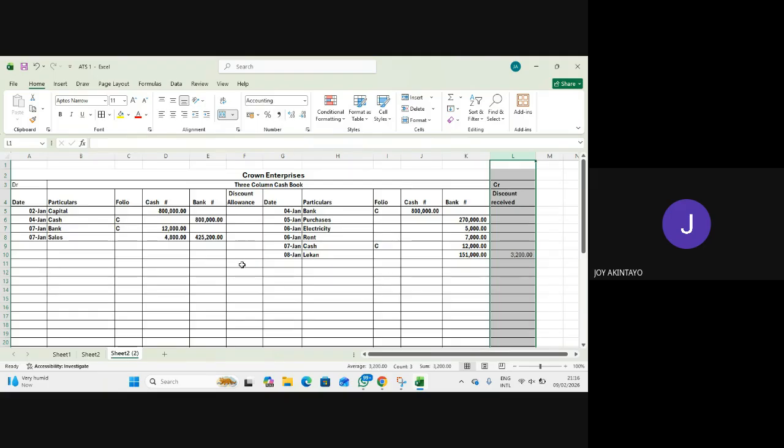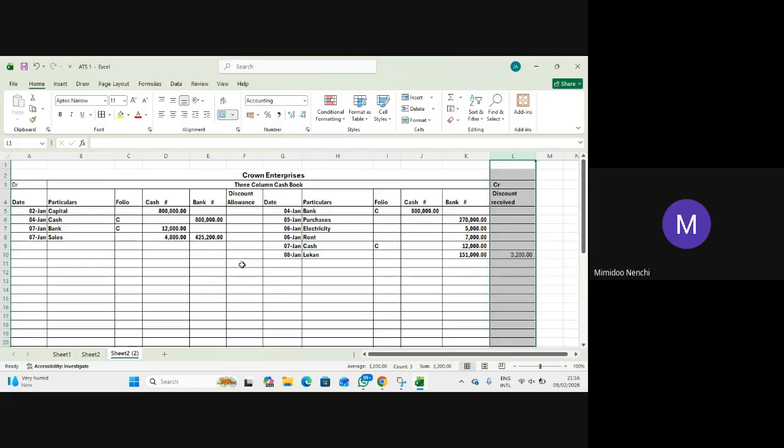So next transaction. What's our next transaction? Cash sales of 171,150.